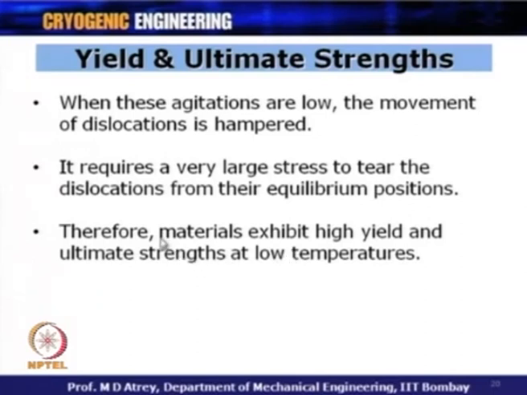So, the behavior of the material at low temperature, in terms of increased yield strength and increased ultimate tensile strength, could be understood by this analysis: the lattice vibrations are very low at low temperatures, and this hampers the dislocation movement.